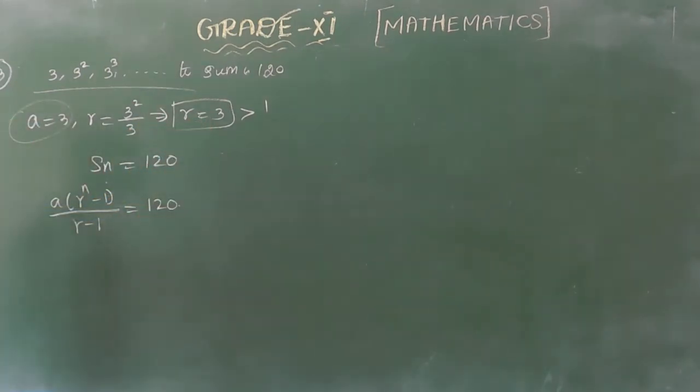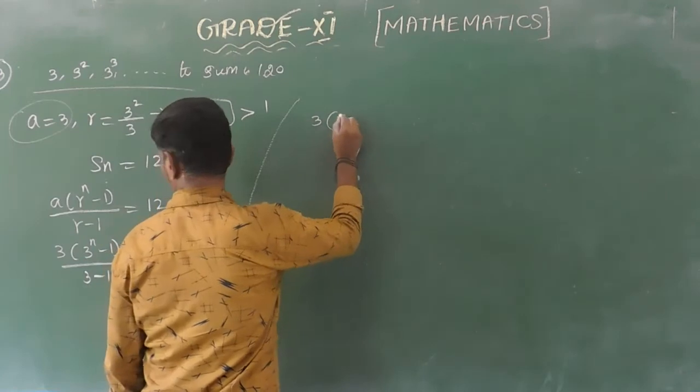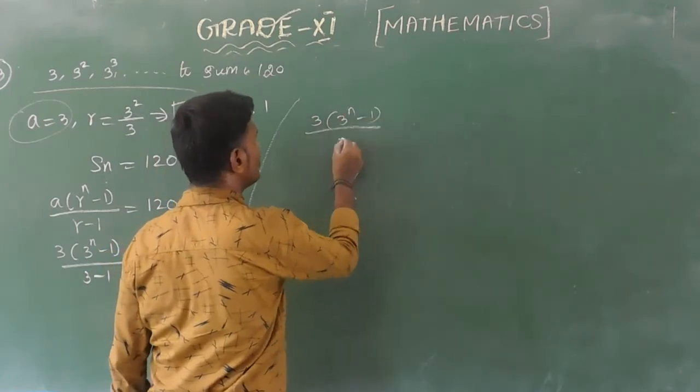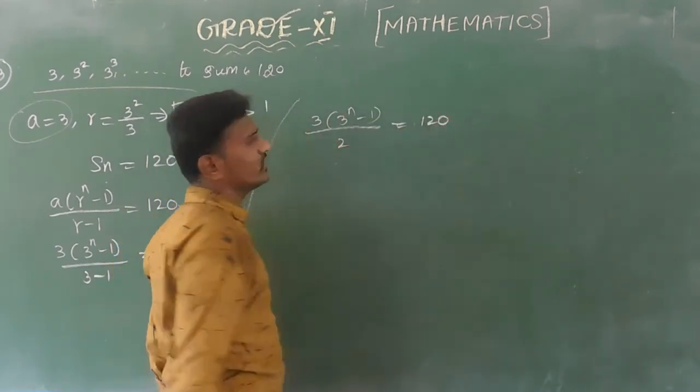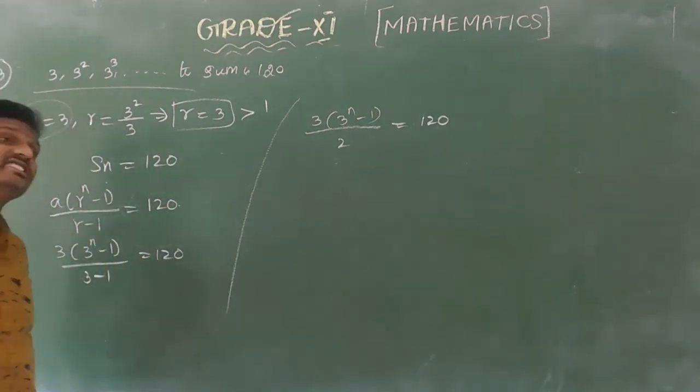Now what we are going to find is the number of terms of that series. So 3 into 3 power n minus 1 divided by 3 minus 1 is equal to 120. Now 3 into 3 power n minus 1 divided by 2 is equal to 120. Now the 3 by 2 we want to move to that side, and it will become reciprocal.